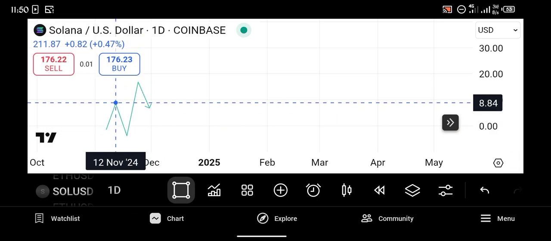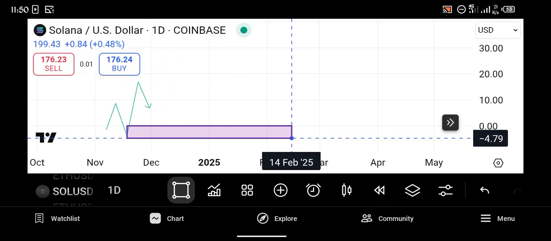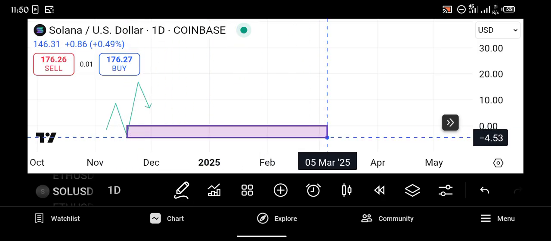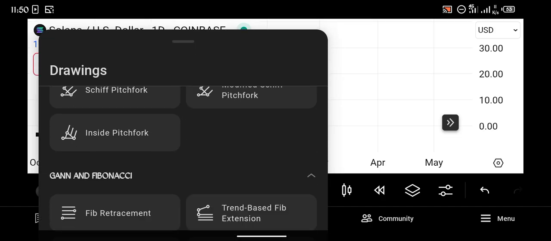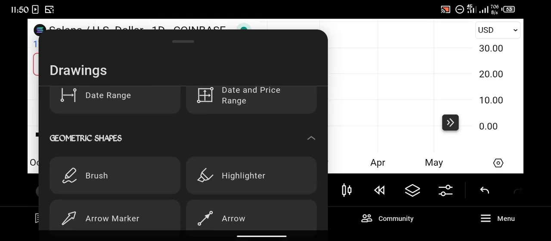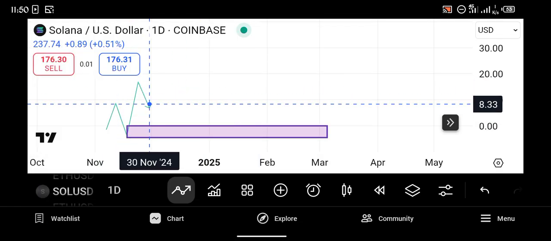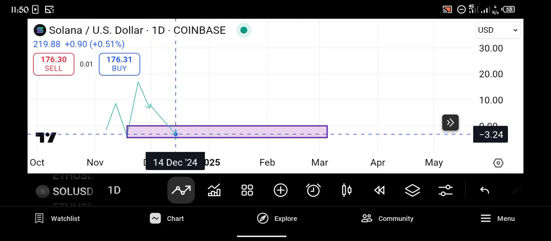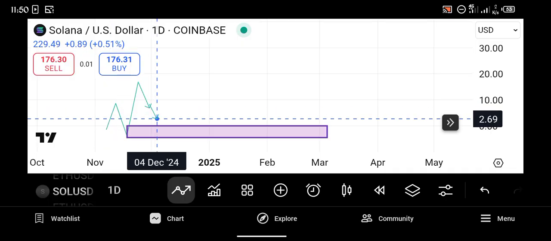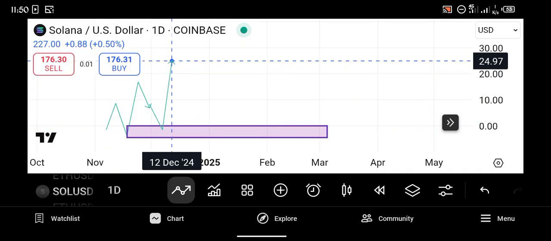Here is also a solid demand, but it's better for you to mark out these lows. So whenever it comes back to a zone like this, it can be here, it can be here, it can be on top of here. Anytime it comes back here, it reacts. Do you get?